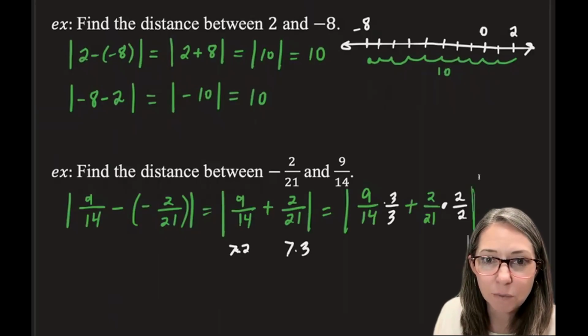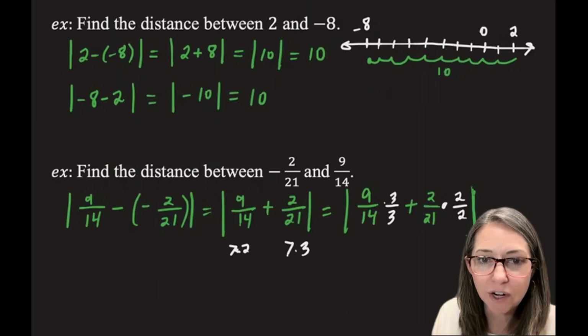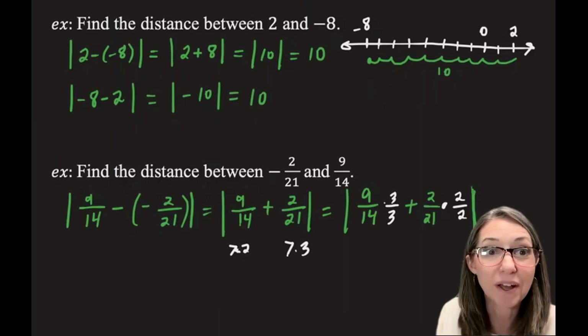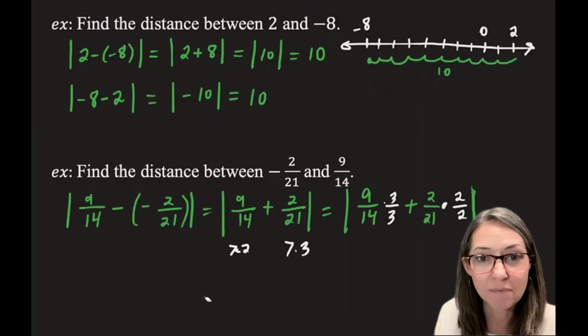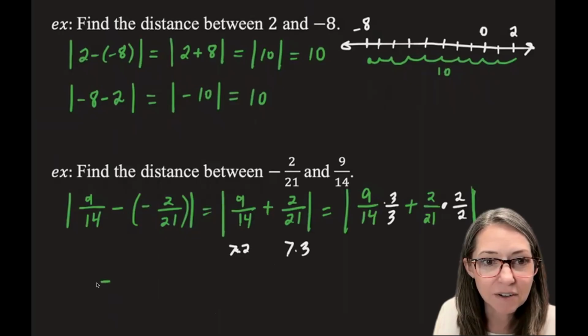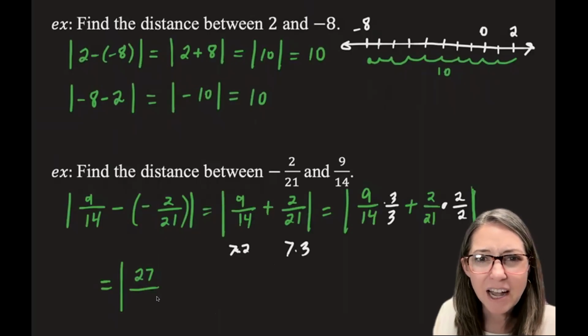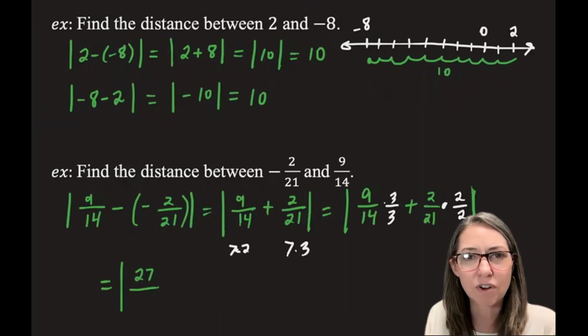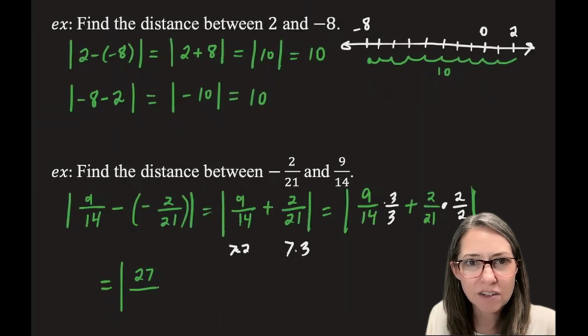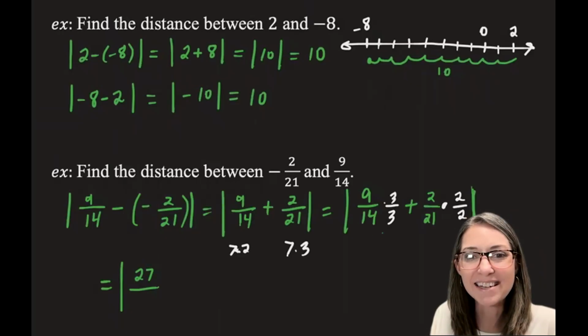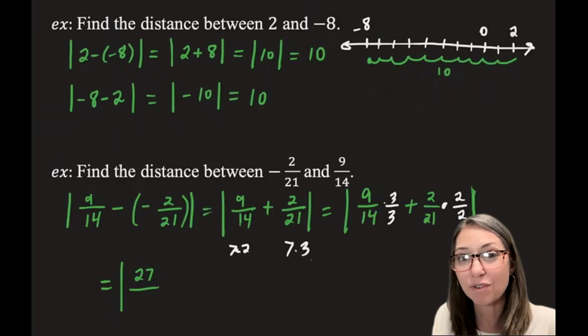Doing it this way is really a preparation for how you're going to get a common denominator when you deal with rational expressions, right? All right, I'm going to bring that down to the next line. And so multiplying those numerators to multiply fractions, we get 27 over 14 times 3. Now you may have to do some scratch work, right? But actually, I think we can do this in our head because 10 times 3 is 30 and 4 times 3 is 12.